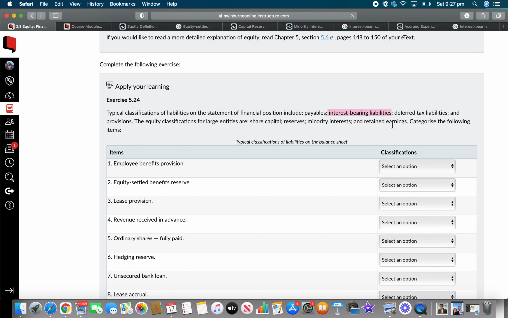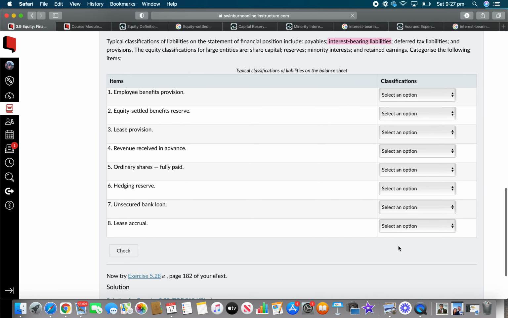So they're our liabilities. So here we go. This is the question. Not going to go into too much detail, but super simple. Half of these are given to you in the wording of the item. So say that's a provision. Equity settled benefits reserve, again, that's a reserve.